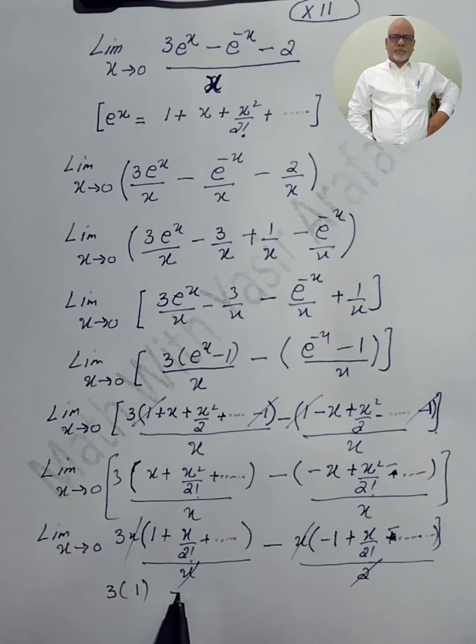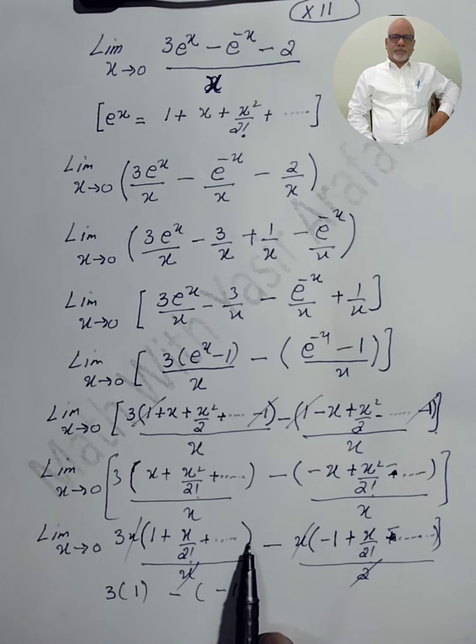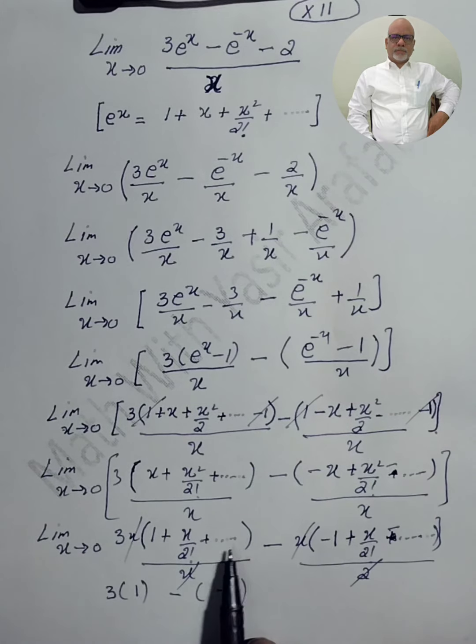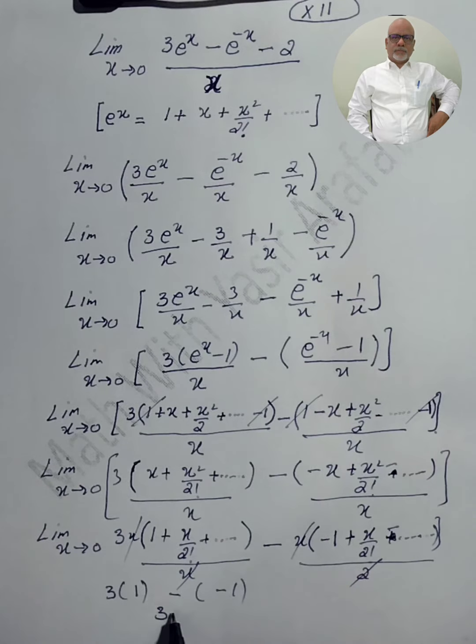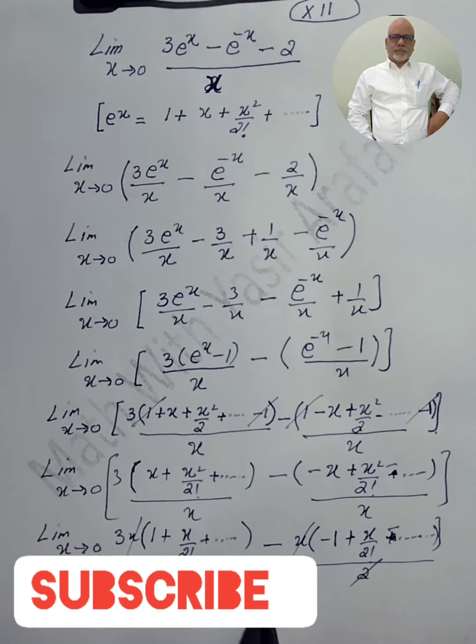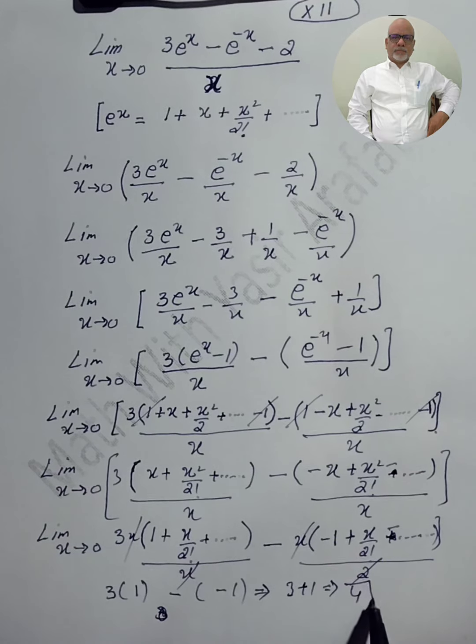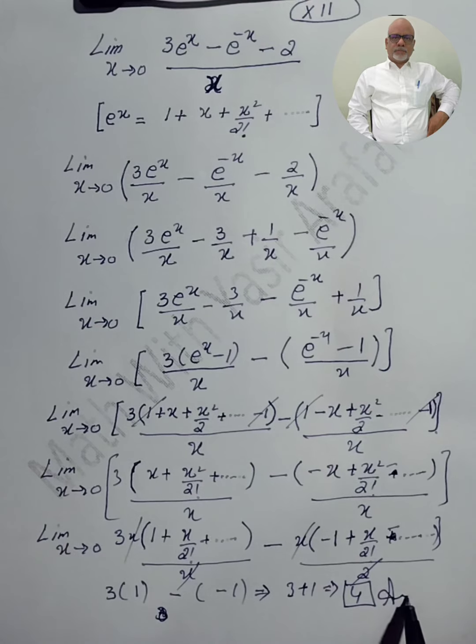So this is 3 and minus 1, because the remaining factors are equal to 0 when we apply the limit. So this is 3, this is minus minus 1, and it is equal to 4, and this is the answer of this question here.